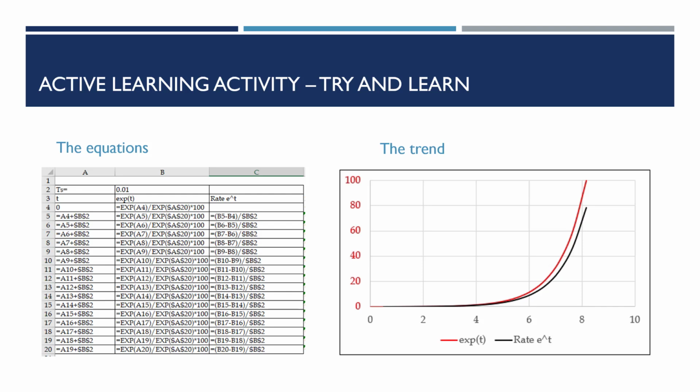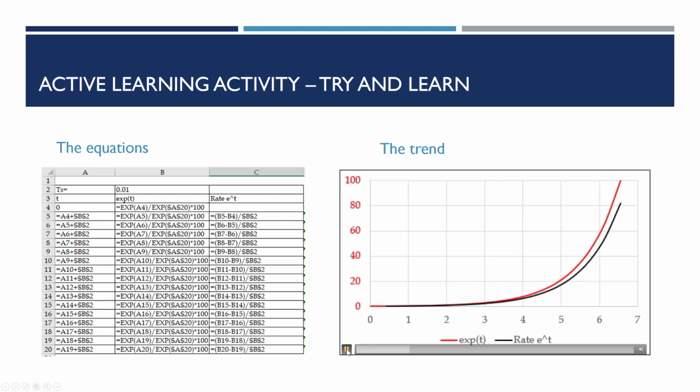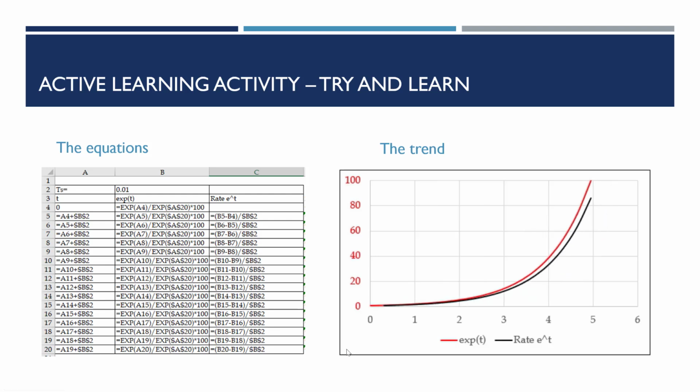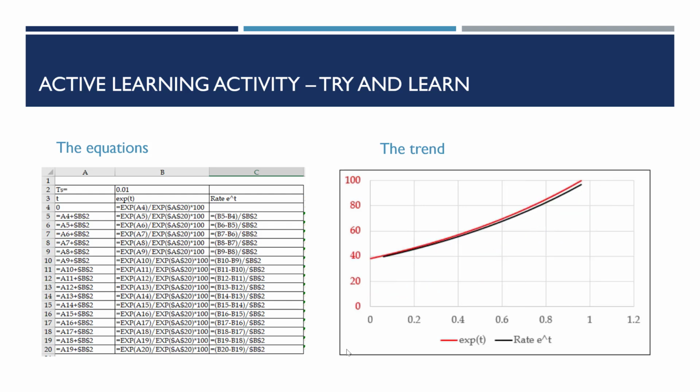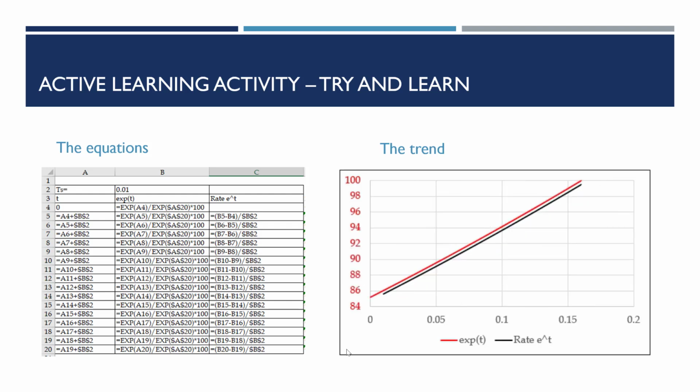If you do the programming of these steps on a spreadsheet, you will be able to replicate the animation that is shown at this point in time on the screen. You can see that the proximity of the two curves, one being the exponential and the other one being the rate of change of the exponential, approach each other as the sampling time gets smaller and smaller.